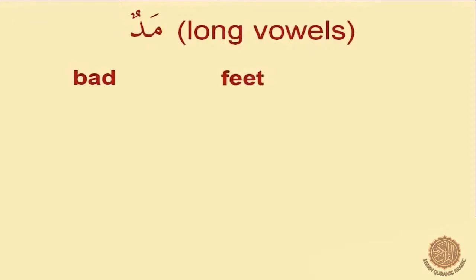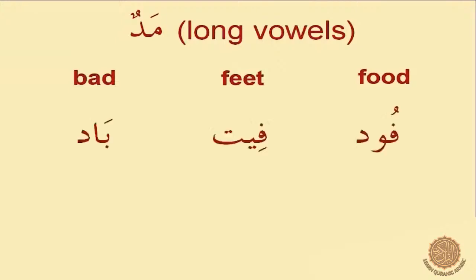We don't say fit, we say feet. There's an elongation of the E sound. And also the word food. We don't say food with a short vowel, we say food. So there's the elongation of the U sound.